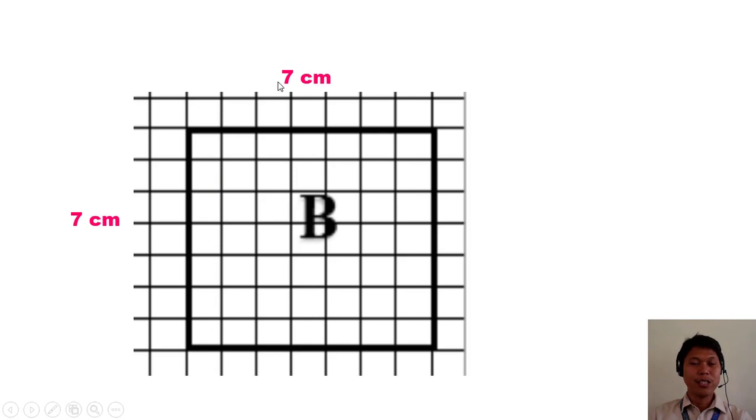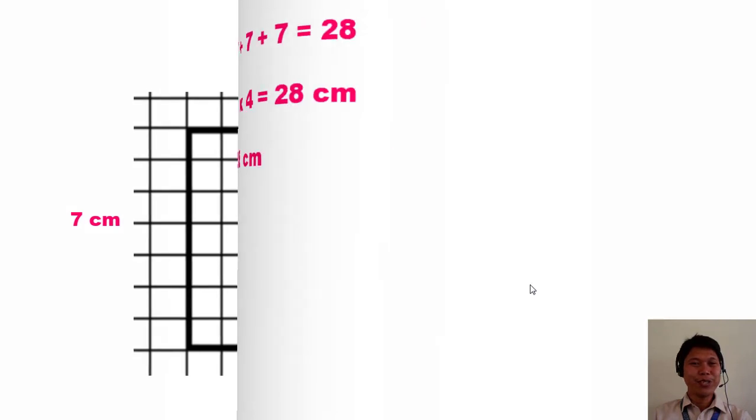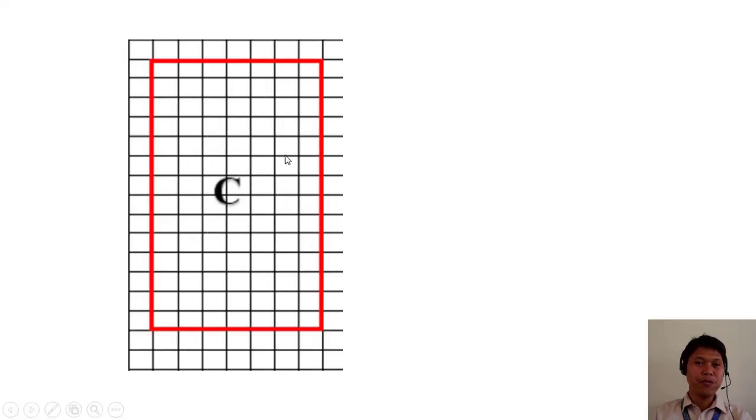So it is a 7 by 7 figure, then it is obviously a square, so all of the sides are 7. We have 7 plus 7 plus 7 plus 7 is equal to 28, or 7 times 4, which is equal to 28, and that's the perimeter of this figure. Did you get the correct answer? I hope so.